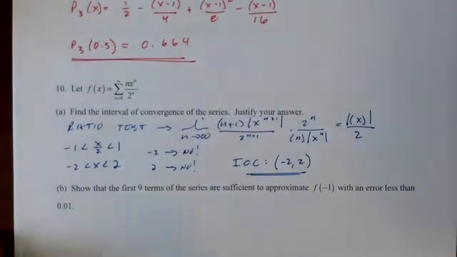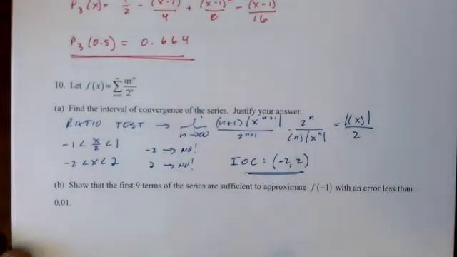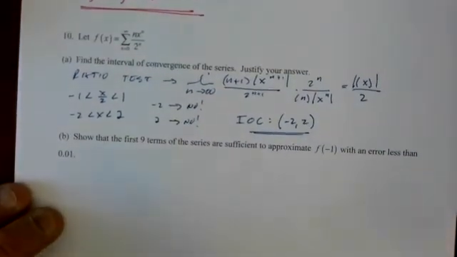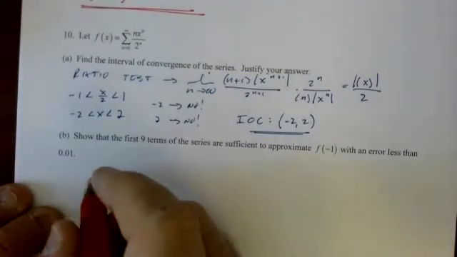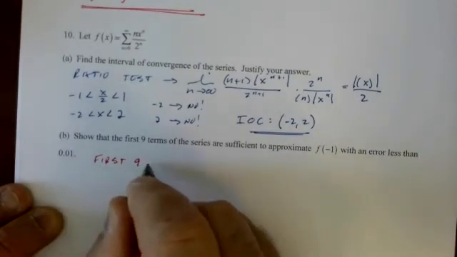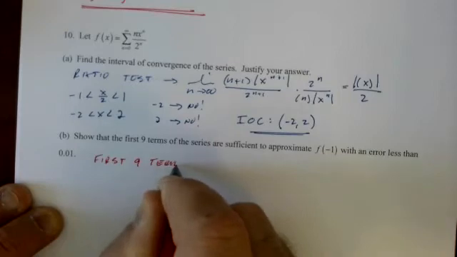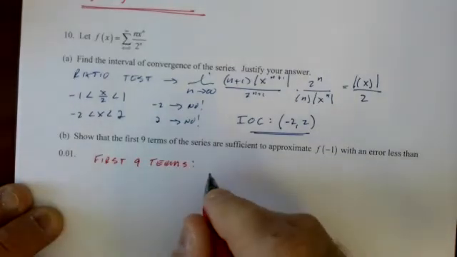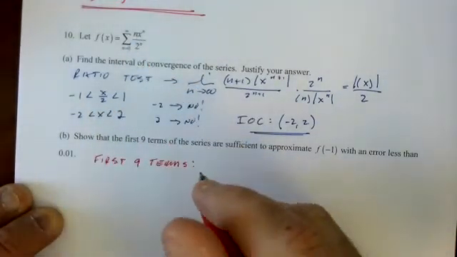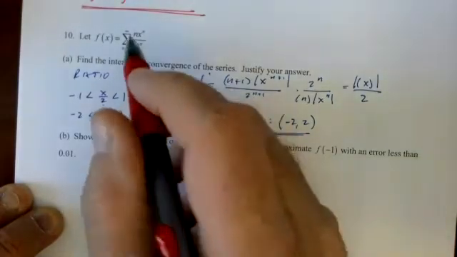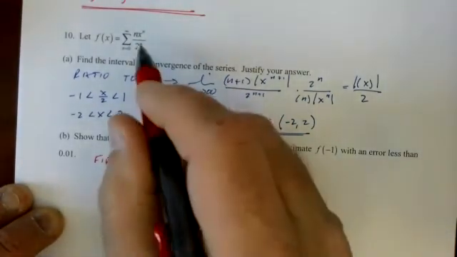Are the first 9 terms of the series sufficient to approximate with an error less than 0.01? Okay, so first 9 terms. We plug in 0, and we're doing negative 1.